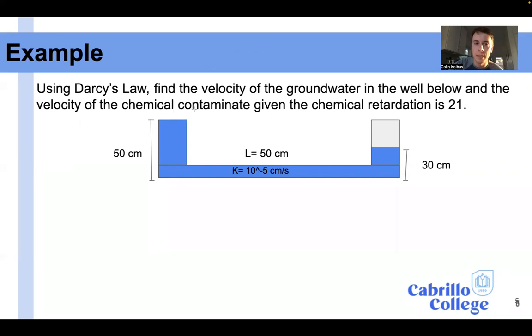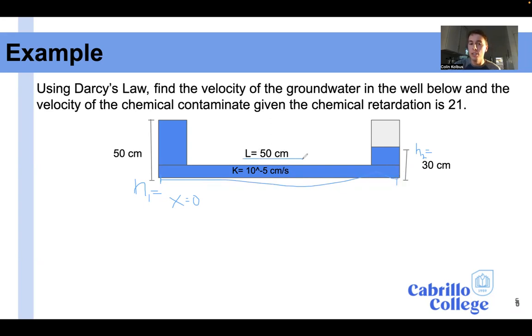of 30 centimeters. So our H1 here is equal to 50, and our H2 is equal to 30. Now, in these questions, sometimes you can be given a value X over here, where this is 0 at our datum at this area, and then 50 centimeters over here.